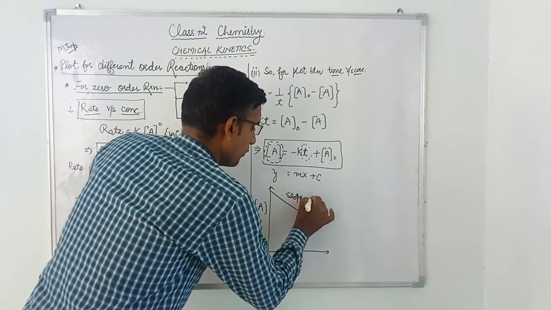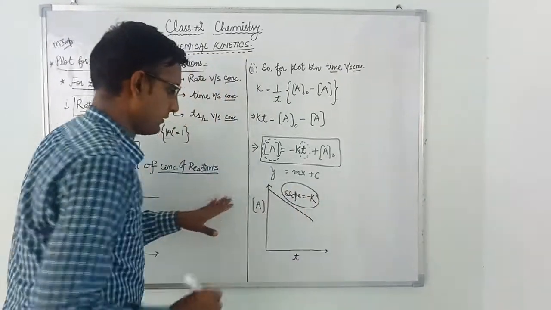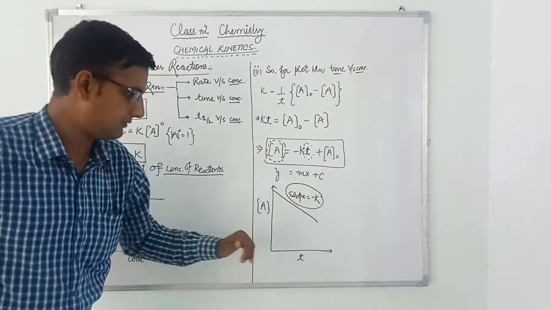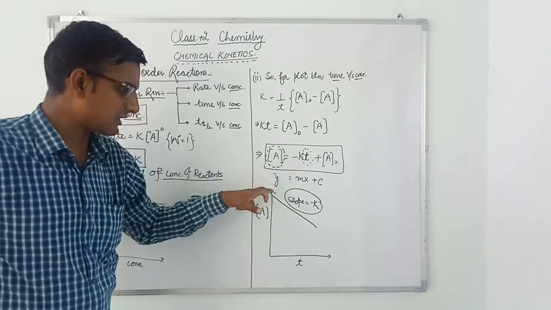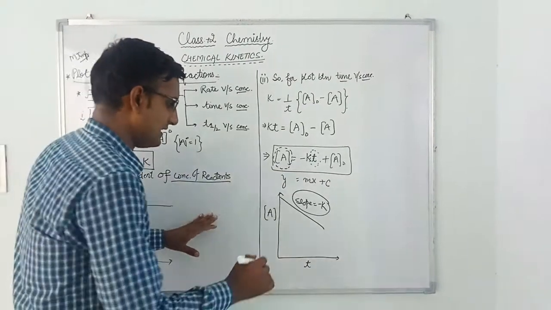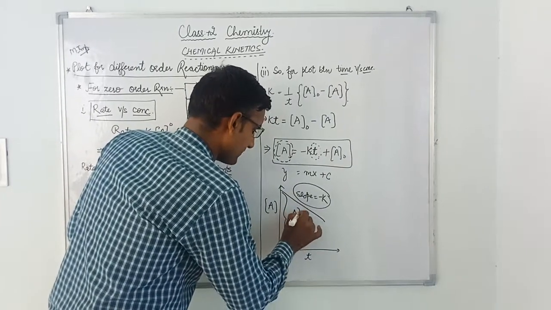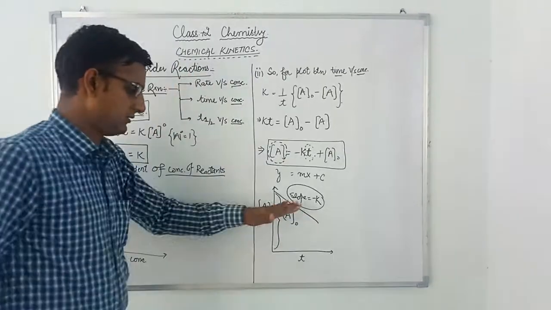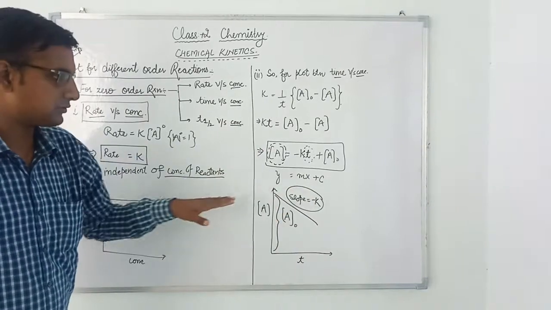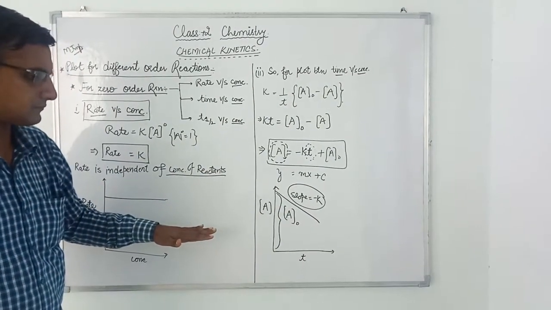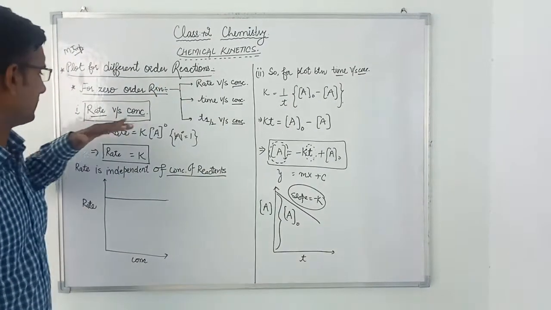Slope is equal to minus k. So this also represents the straight line equation, and this is the intercept representing A naught, initial concentration. So these are the two plots for the zero order reaction.